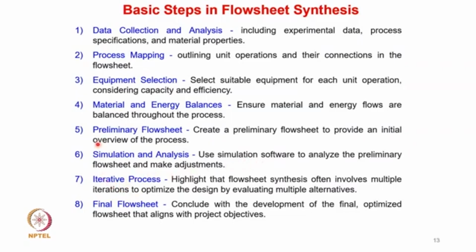Again we can iteratively modify these preliminary flow sheets based on the different options and alternatives available. And once all these steps are done, finally we conclude with the development of final optimized flow sheets that align with the project objectives. So these are the 8 different steps involved in the evolution of the flow sheet synthesis.